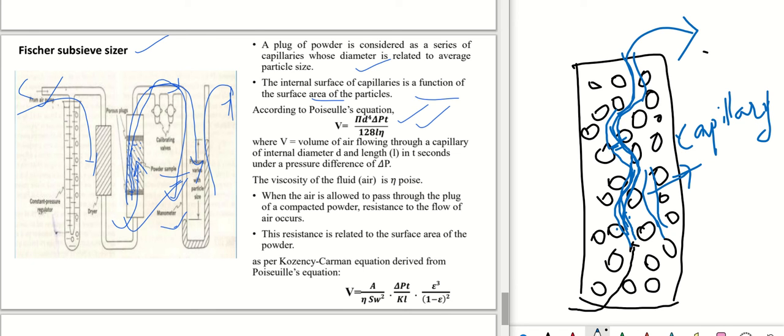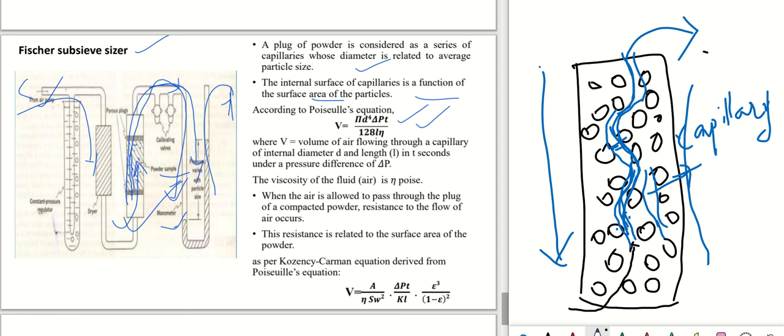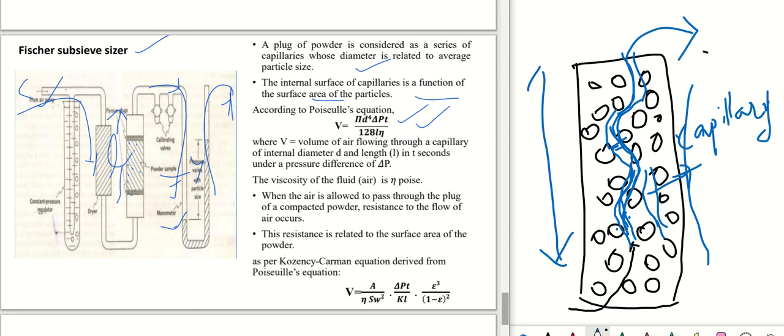V is the volume of air traveling through the capillary of internal diameter d, and length L, under the pressure difference of delta P, and eta is the viscosity of the gas or the air.